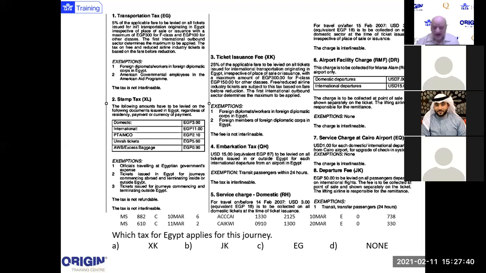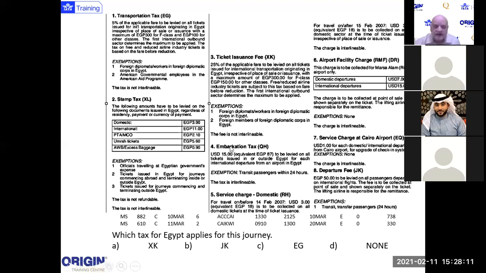We have to look at where the ticket is issued, originating, paid. Normally, tickets are issued, originate, and paid where they start. If you've got a ticket that goes Bahrain, Paris, London, it's very unusual for it to be issued in Paris, isn't it? Because how are you going to get from Bahrain to Paris?